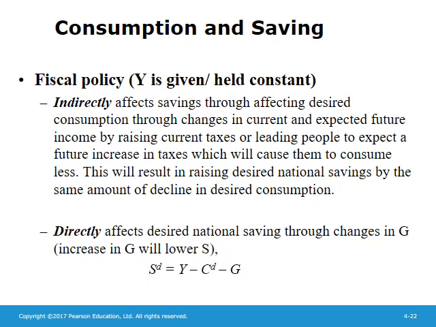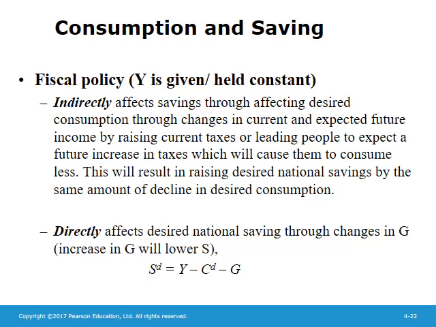So the increase in G is opposed with a decline in CD, which would result, if the decline in the desired consumption is lower than the increase in G, which is usually the case, of course, in SD still declining, but at a lower rate than if consumption was not affected.